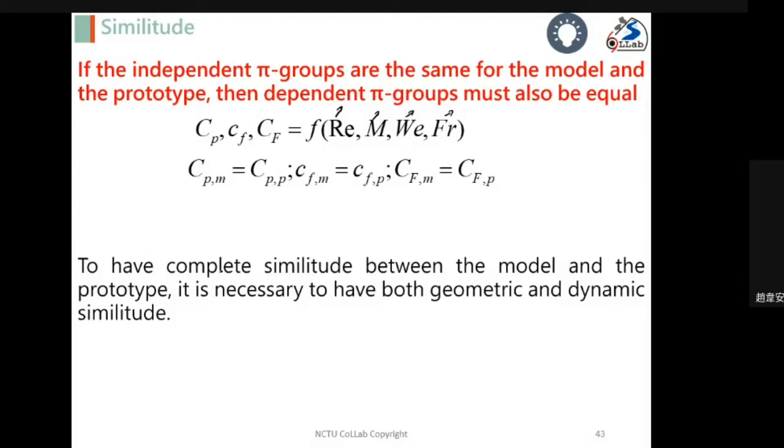So this is very important if we meet some problems and we would like to predict the prototype behaviors by the model observations. We need to satisfy the dynamic similitude first, and then we can discuss some physical properties.